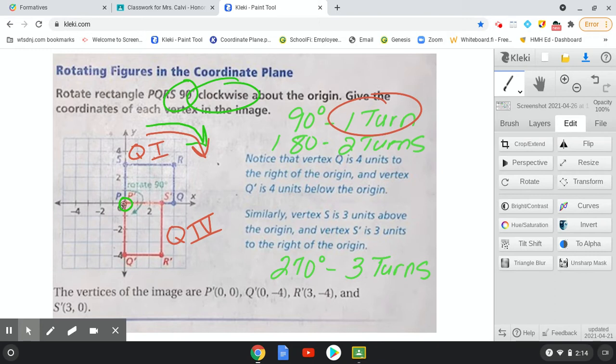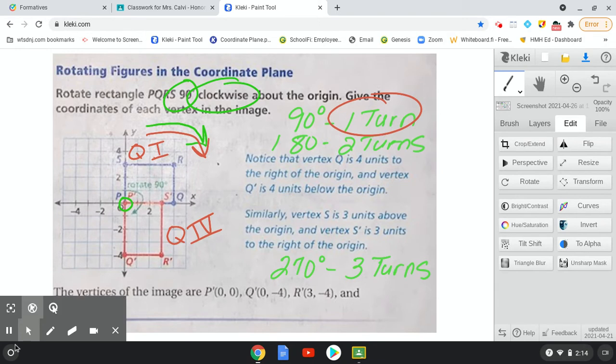And then our R prime, starting at our origin, we are going to go right to +3, down to -4. So R prime is (3, -4). So when I rotate this physically, you have to remember that the signs are going to change sometimes. And I'm going to show you that in a different example to make it a little bit more clear so you can understand.